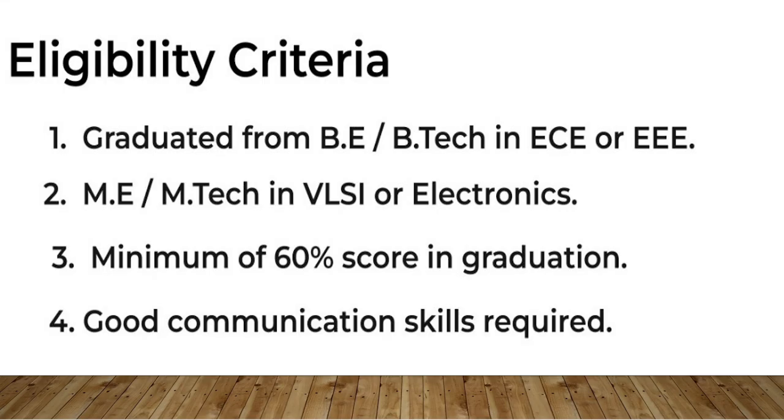Eligibility: you should be BE/BTech in ECE and EEE. Why? Because in the basic module, we are teaching analog electronics that covers semiconductor physics, PN junction diode, MOSFET and CMOS, digital electronics also, TCL, STA, DFT, synthesis, and fab.